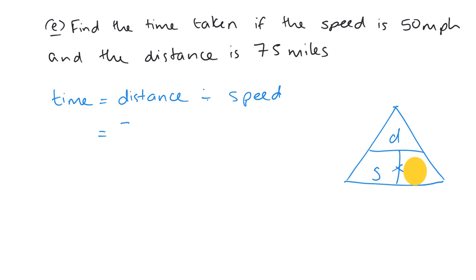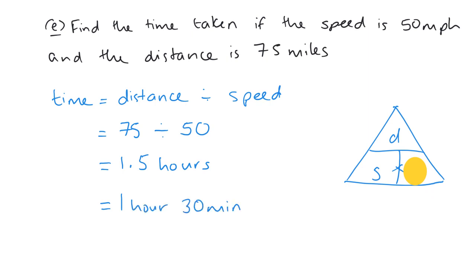So that's distance 75 miles divided by the speed of 50. So we'll get 1.5 hours. Depending on how the question is worded, it's perfectly fine to leave it as 1.5 hours. Sometimes it asks you for it in hours and minutes, so you'll say, well, we've got 1 hour and 0.5 of an hour, which is 30 minutes.